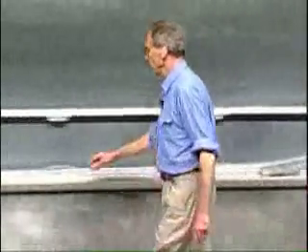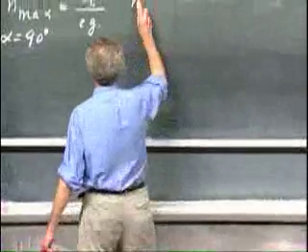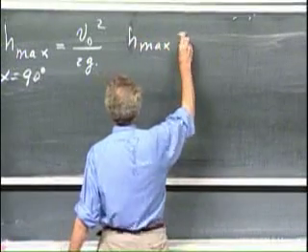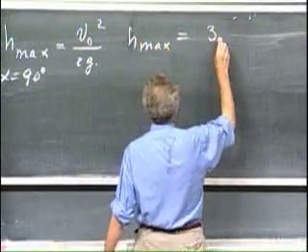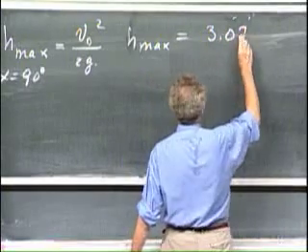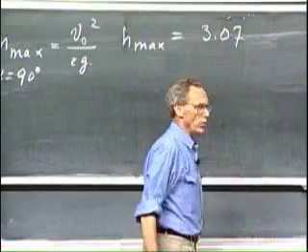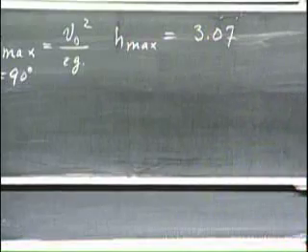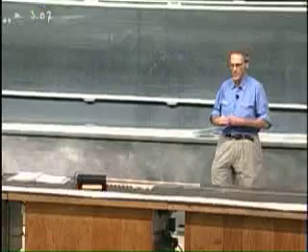So H max is about 3.07. I have done this morning 20 times. And there were times that the height differed by more than 10 centimeters, sometimes even 15 centimeters.